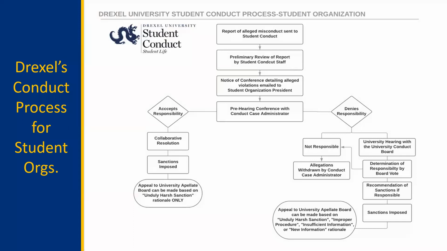If the board finds the organization not responsible, the allegations will be withdrawn. If the board does find the organization responsible, they will recommend sanctions. Sanctions will be imposed, and again, the organization has the right to appeal, this time based on unduly harsh sanctions, improper procedure, insufficient information, or new information.